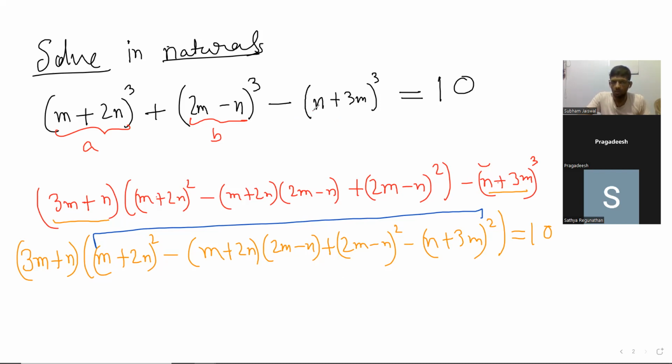But what I want you guys to see, your attention here, look at this very interesting thing that is happening. I can just make this plus and make this minus inside. Now see, something interesting is happening. This a plus b plus c is 0.